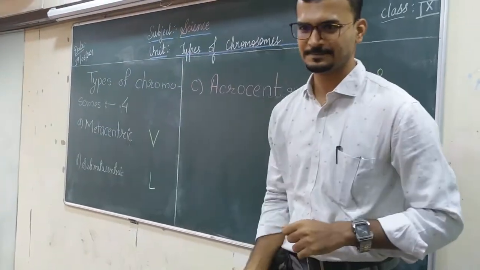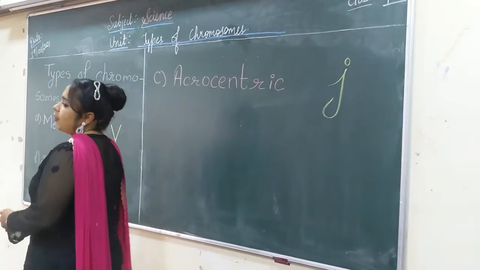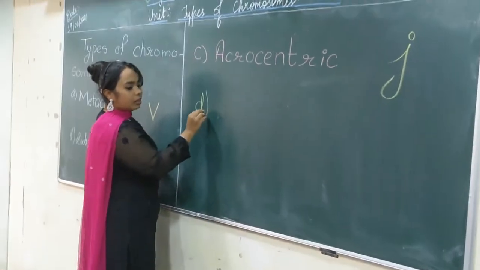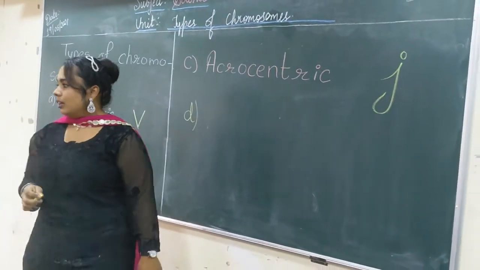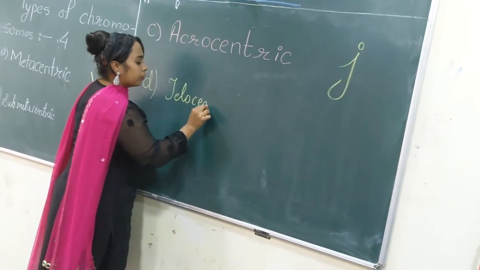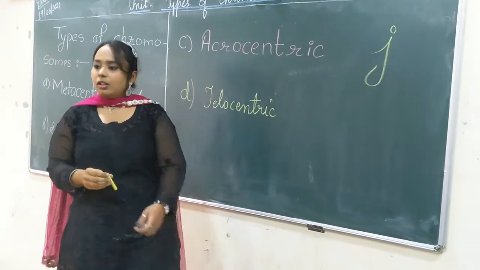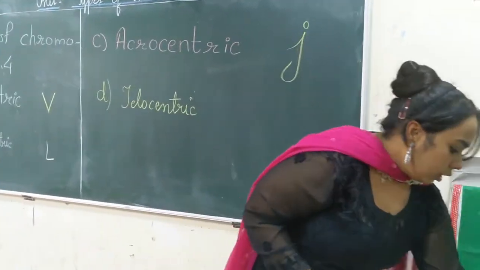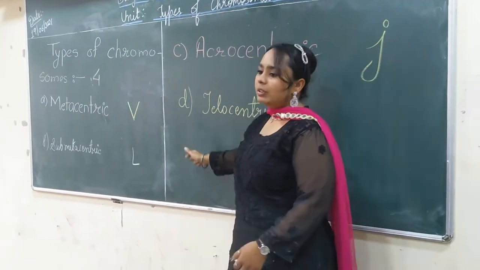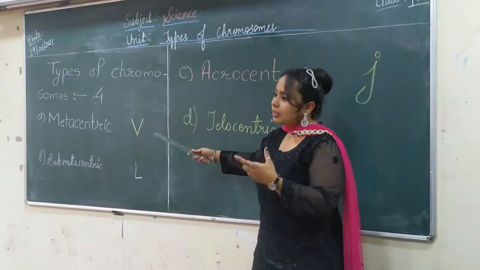Next one. The fourth and last type of chromosome we have is telocentric chromosome. Now, the only difference which we have seen in all these four types of chromosome is the position of centromere.